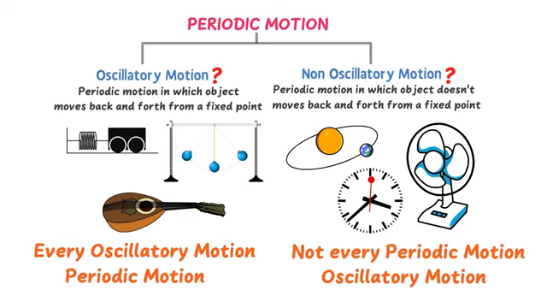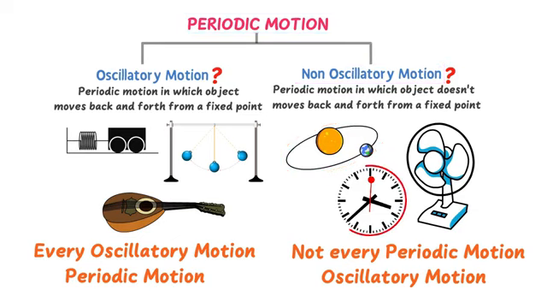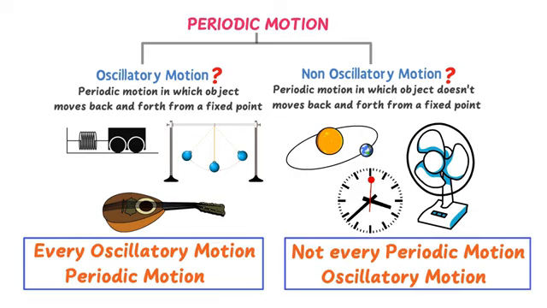For example, the motion of the earth is periodic but not oscillatory. The motion of the hands of a clock is periodic but not oscillatory. Thus remember that every oscillatory motion is periodic motion, but not every periodic motion is oscillatory motion.